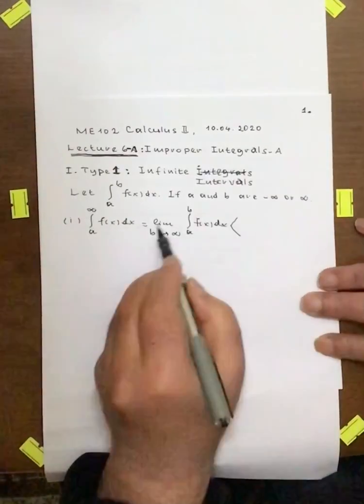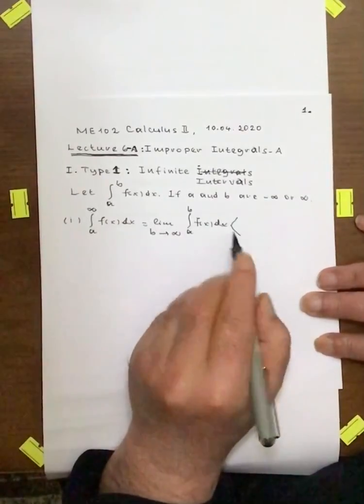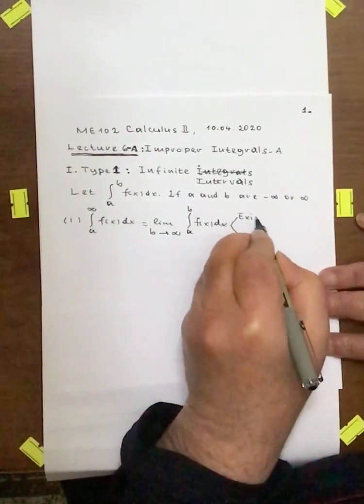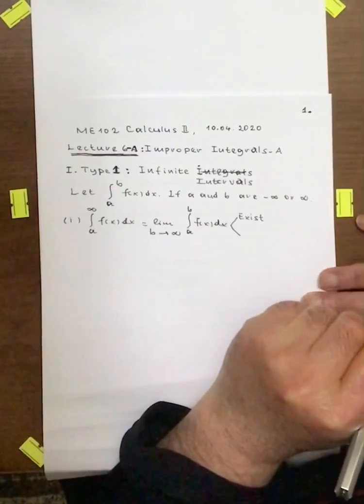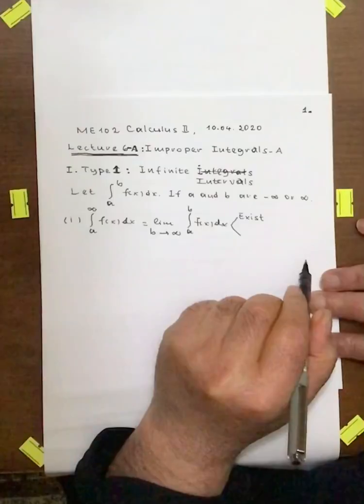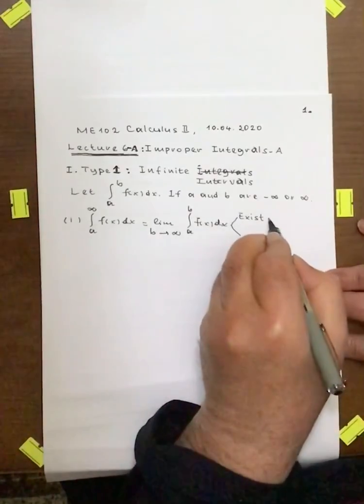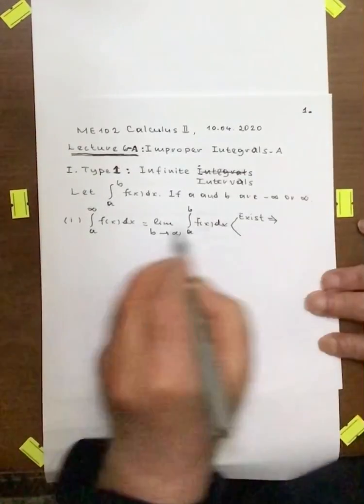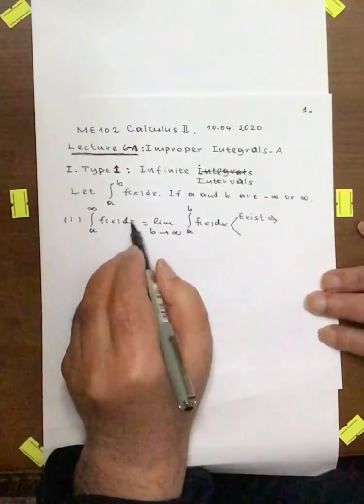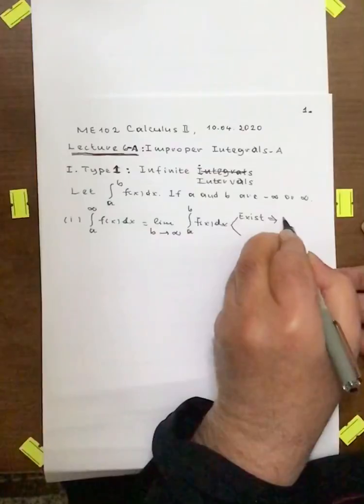First one, maybe this limit exists. Exists means that we have a real number, then we call this given integral convergent.